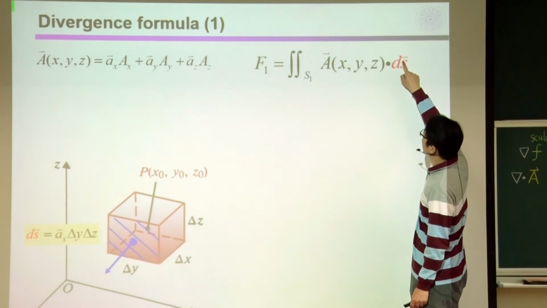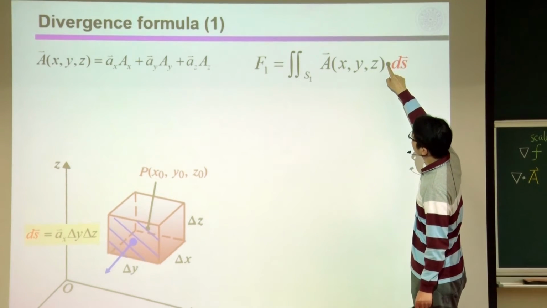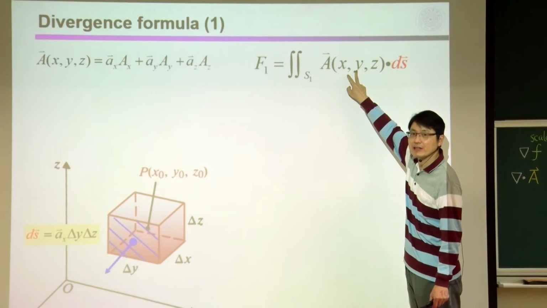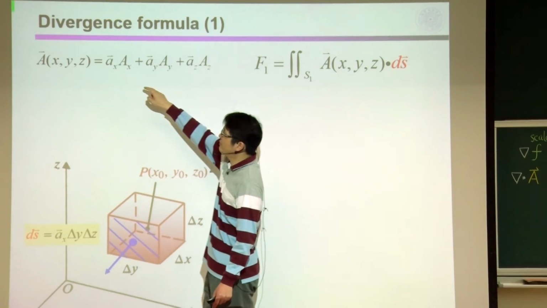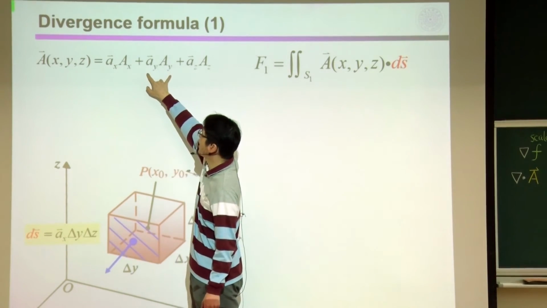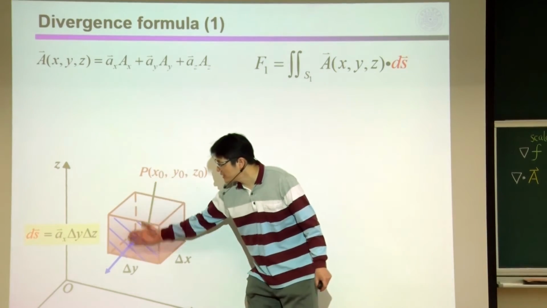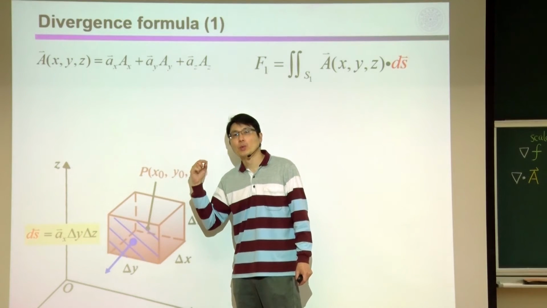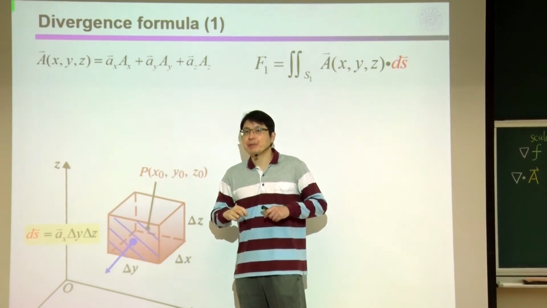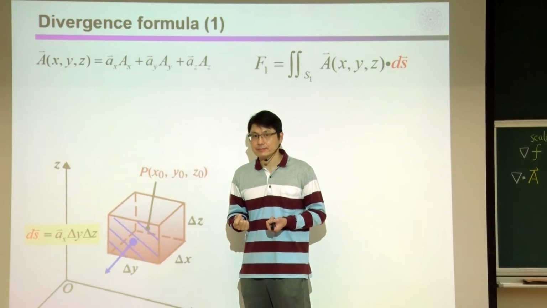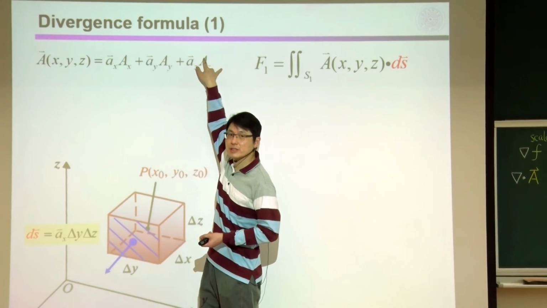So now, ds, a vector, is making a dot product with the vector field. But the vector field has its own x component, y component, and z component. So in this case, for this particular surface, which field component of A is being evaluated? x, y, or z?